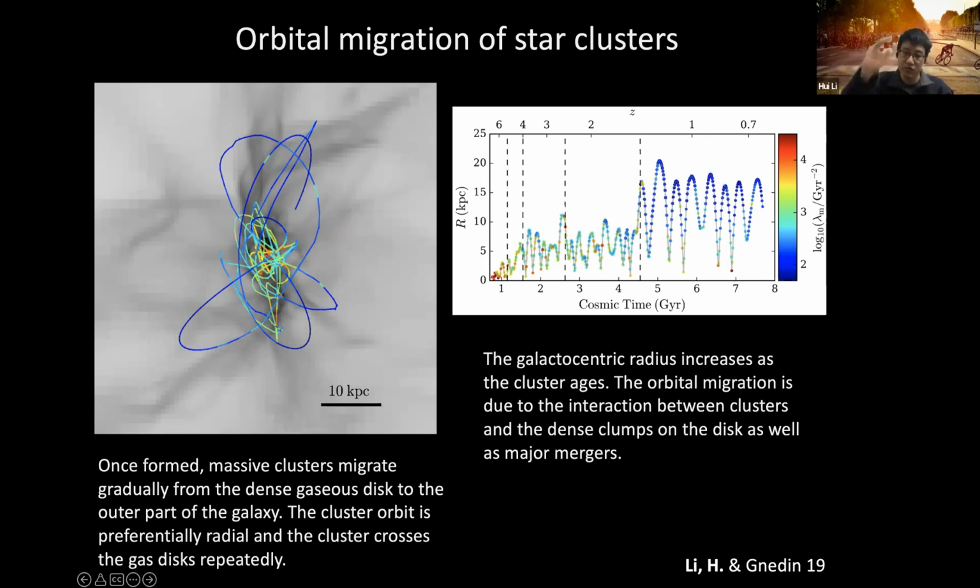And then because of this radial orbit, it crosses the gas disk repeatedly, getting very strong tidal disruption when it crosses the disk, with the disk shock or bulge shock. So it is a very complicated dynamical process.